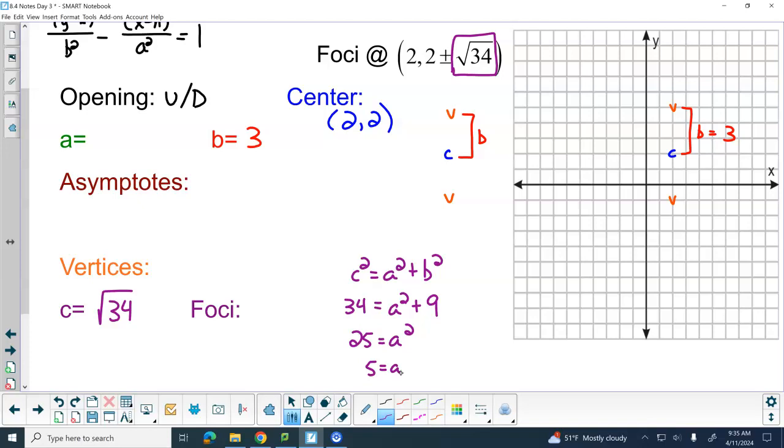So my equation then is going to be y minus 2 quantity squared all over b squared, that's 9, minus x minus 2 quantity squared all over 25, and that's equal to 1.